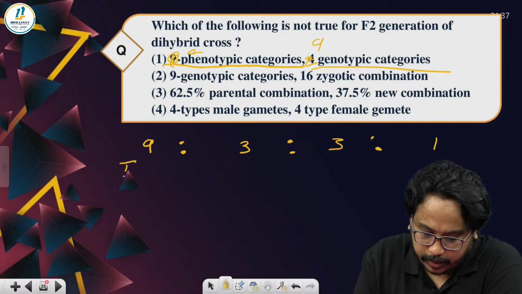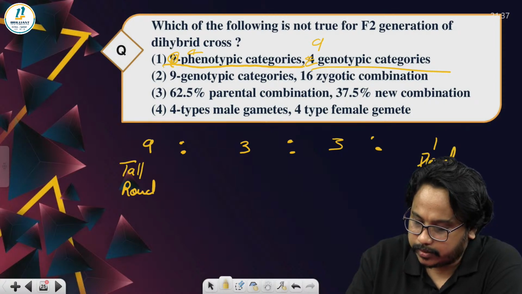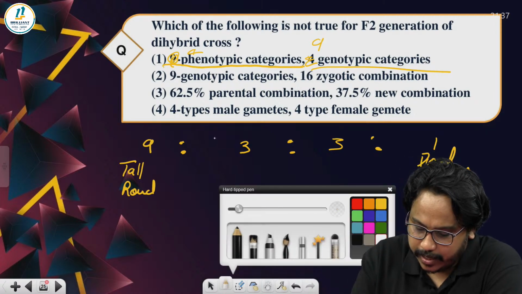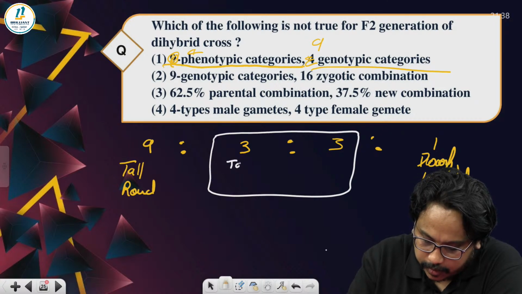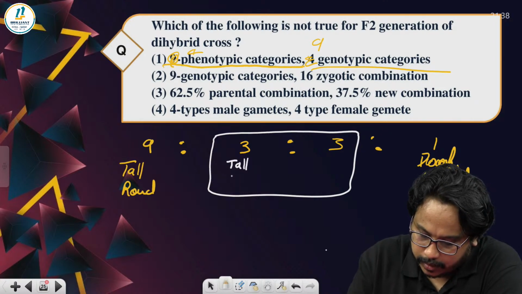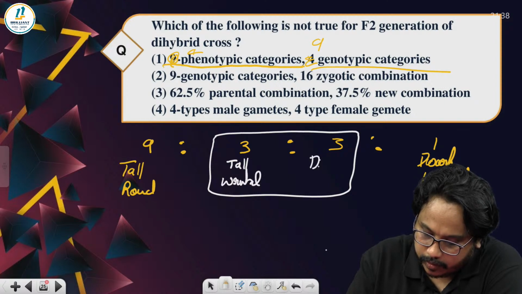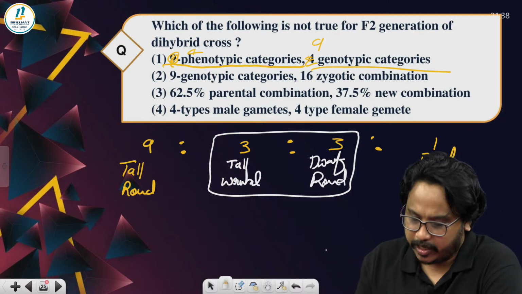In that, 9 will be tall, round, 1 will be dwarf, wrinkled. That is the parental combination. Whereas you can see the remaining will be recombinations. That is the tall that is coming with the wrinkled and the dwarf that is coming with the round. Like that you can see new combinations also will be coming.